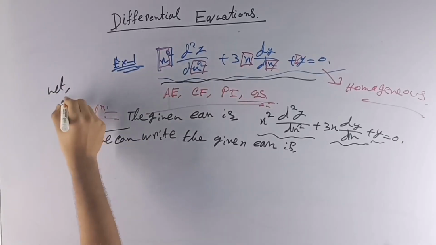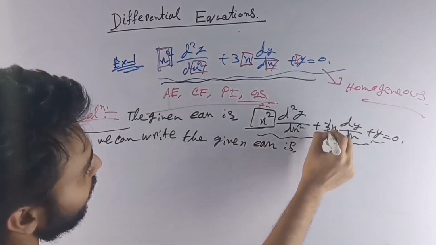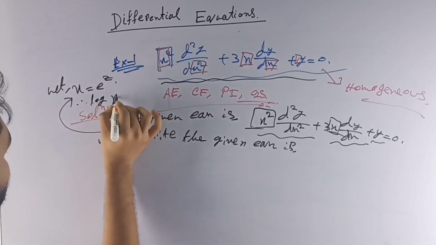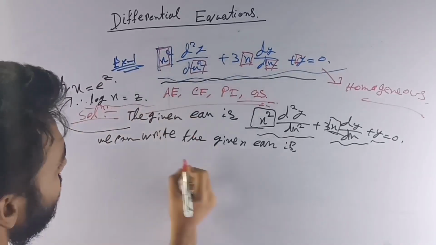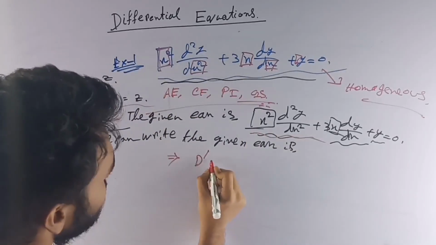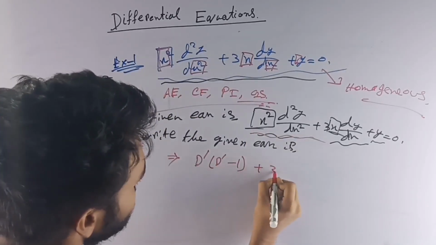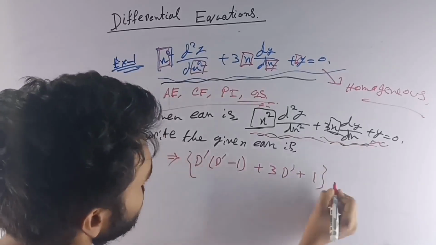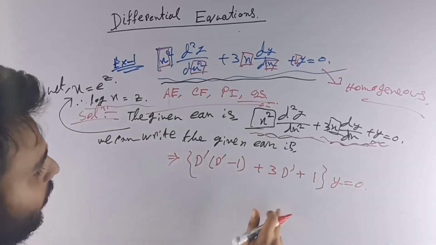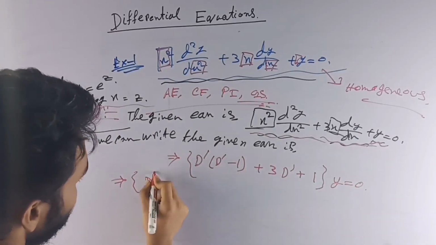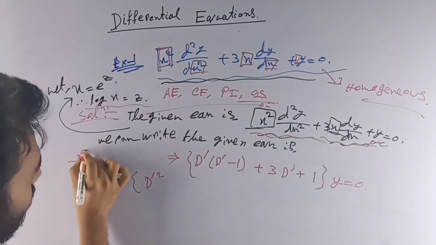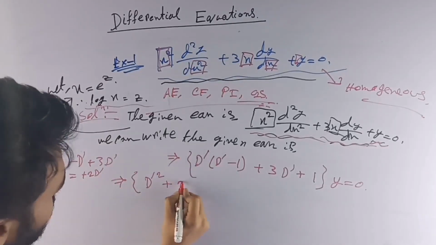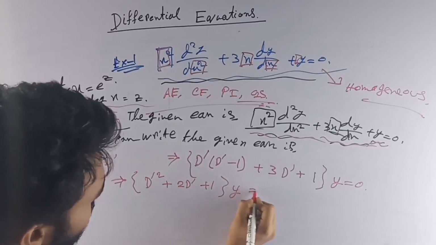First of all, taking x equals e to the power z, some simple substitution, and now taking log both sides, therefore log x equals z. So now D naught times (D naught minus 1), plus 3 times D naught, plus 1, times y equals 0. That means D naught square minus D naught plus 3 D naught, that equals plus 2 D naught, plus 1, and y equals 0.